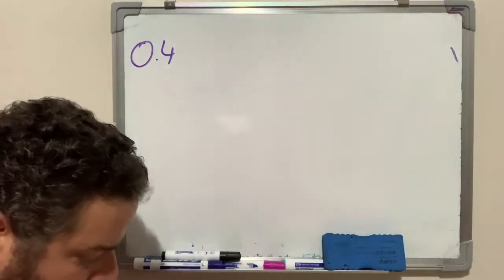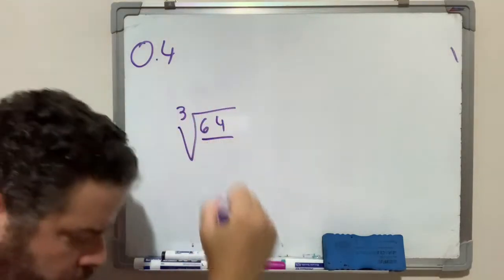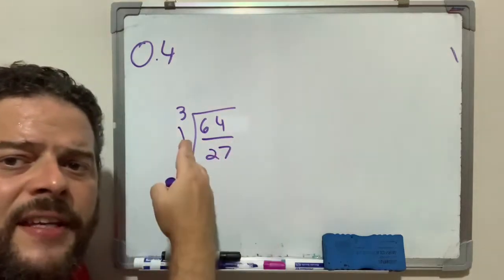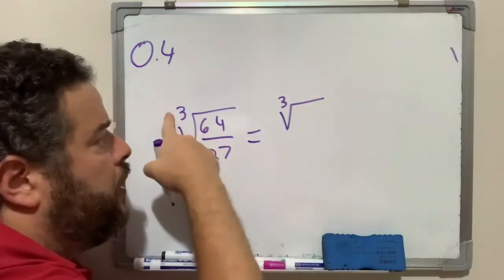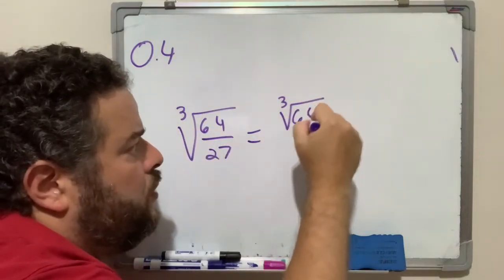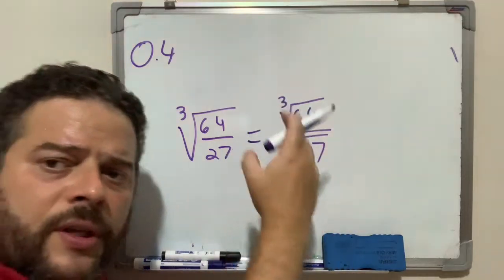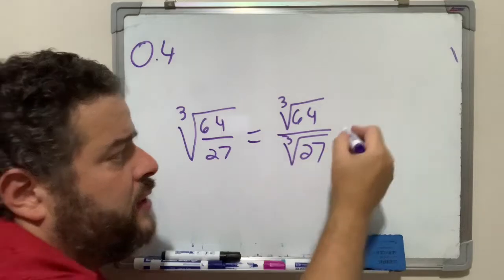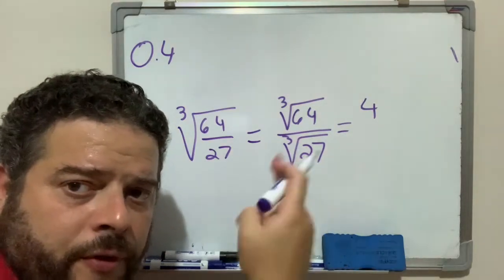Looking at example B, it's slightly more complex. I have the cubic root of 64 over 27. Remember, when you have a division, you can break up the cube roots into numerator and denominator, and then do each operation separately. So the cube root of 64 is 4. 4 times 4, 16, times 4, 64.